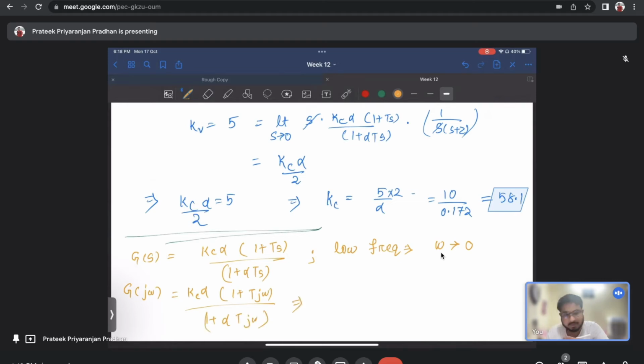When omega tends to 0, what will the magnitude of G of j omega be? We can directly say that when omega tends to 0, it will be only Kc alpha, nothing else, because every other term will cancel out.